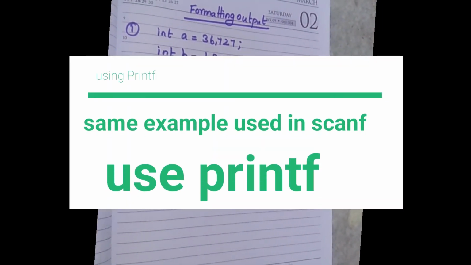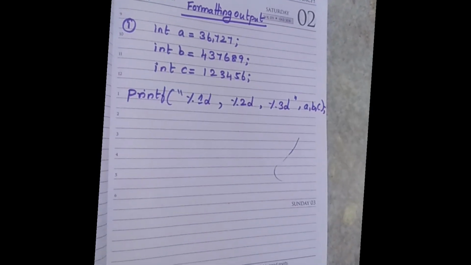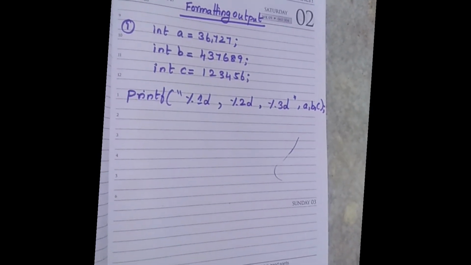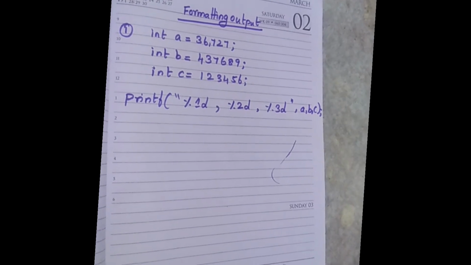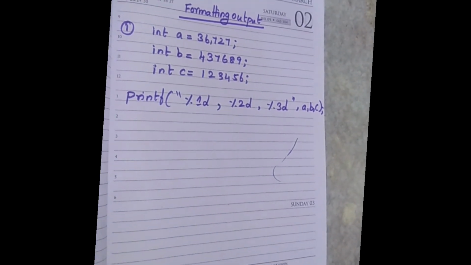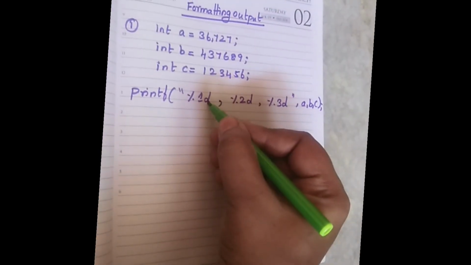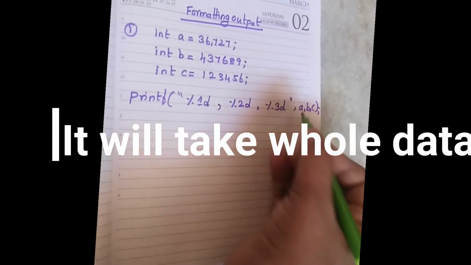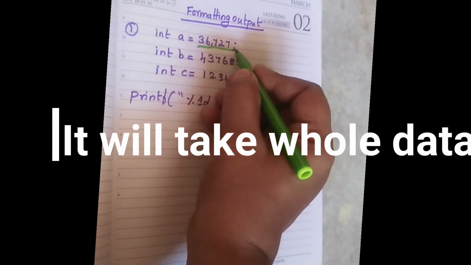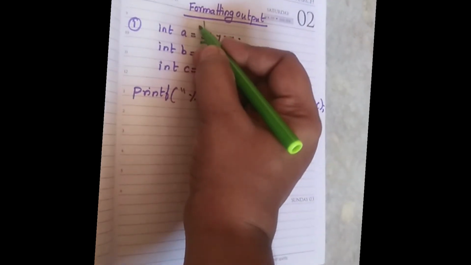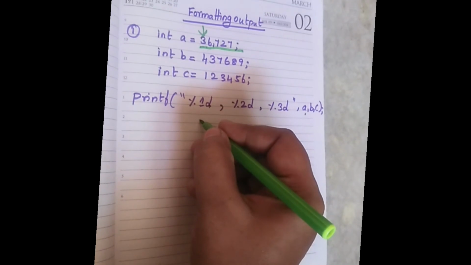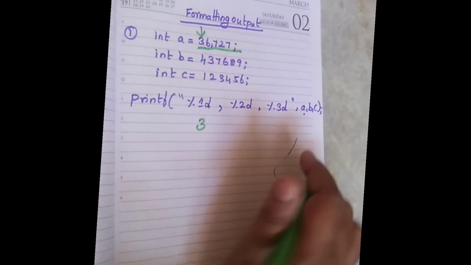There is a different way to read the input from the user as well as to print on the output screen. Input will read whatever number of digits you specify and then stop reading. But the printf statement works differently: with %1d, the whole value of a is considered, and from the digits only 1 will be printed. So for this, 3 will be printed.